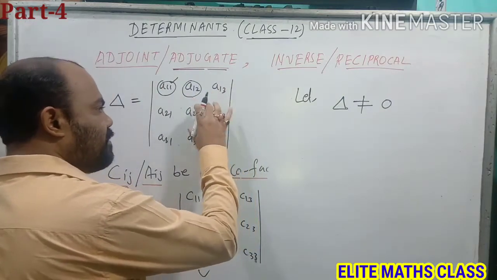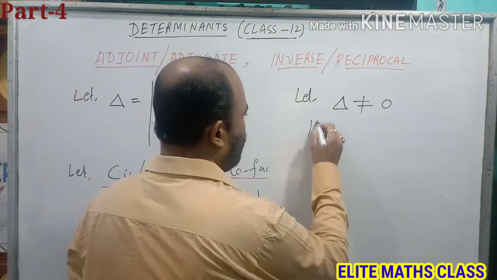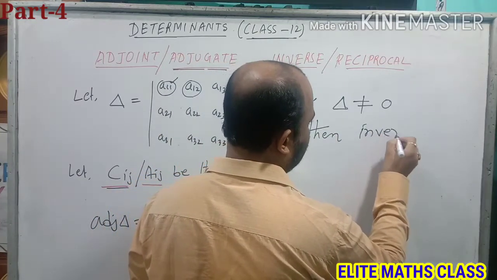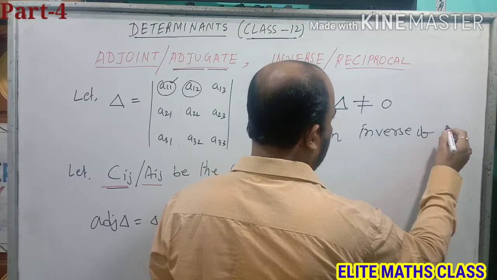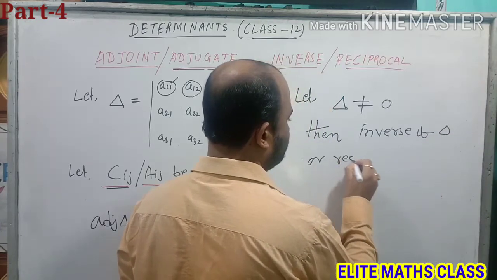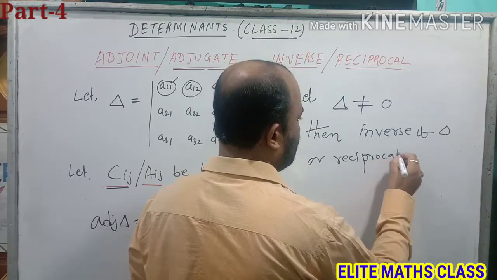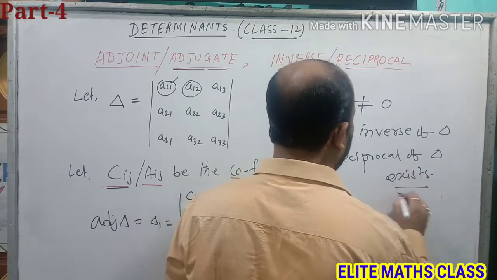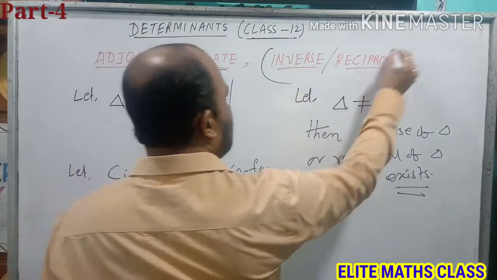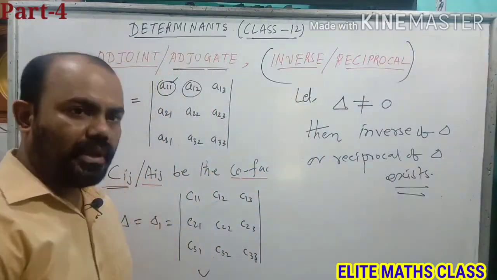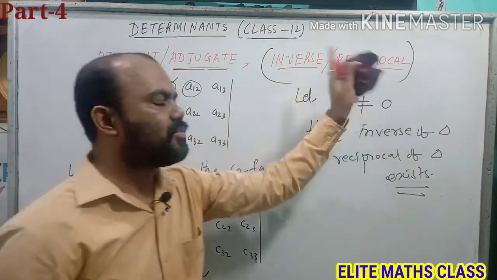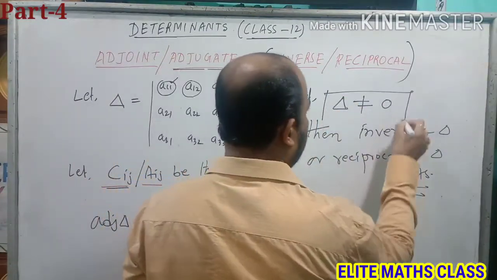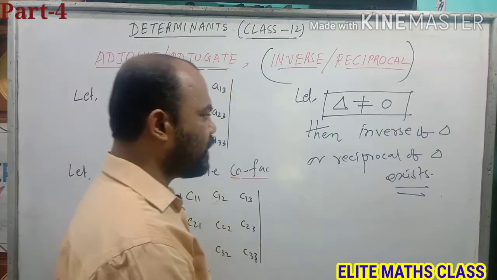Only if the value of the given determinant is not equal to 0, the inverse of del or reciprocal of del exists. That means this is under a certain condition. In which condition does the inverse or reciprocal of a determinant exist? When the given determinant is not equal to 0.